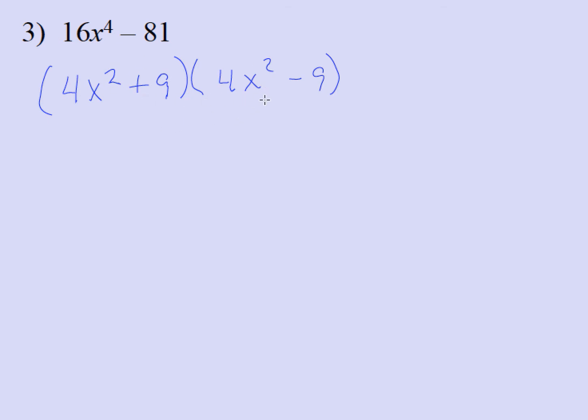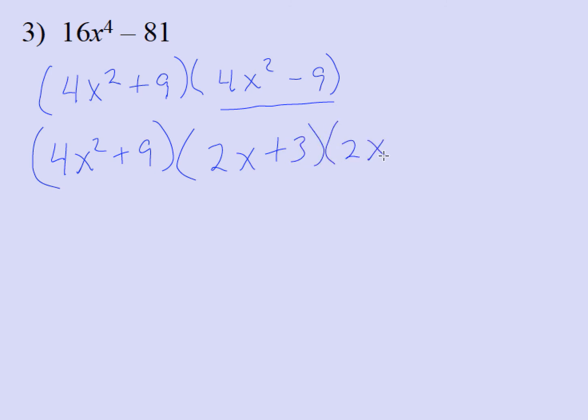Then we want to see if we can simplify any of these. This one here, special pattern, difference of squares. Can't do anything with the first one, so I'm going to bring that down. Second one becomes 2x plus 3 and 2x minus 3. Okay?